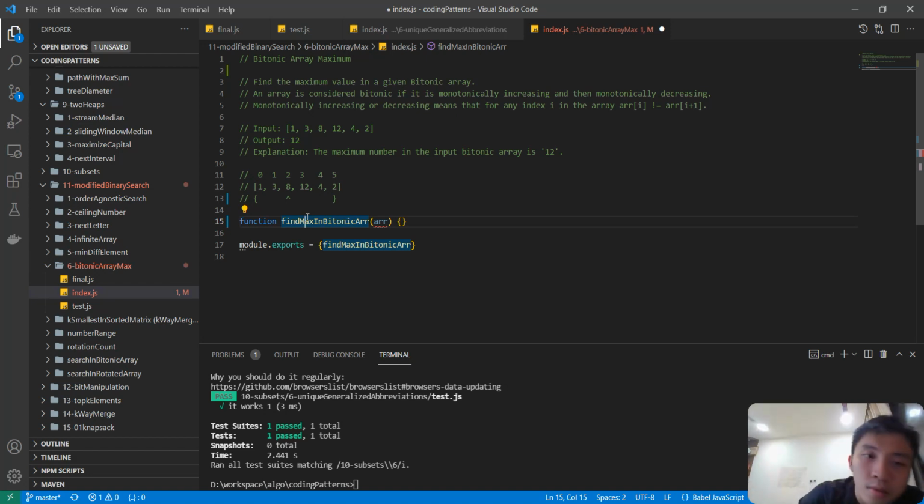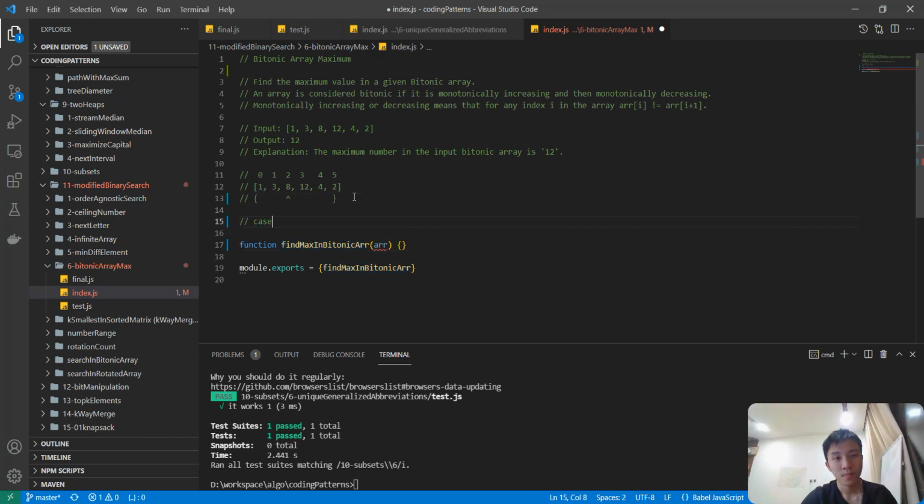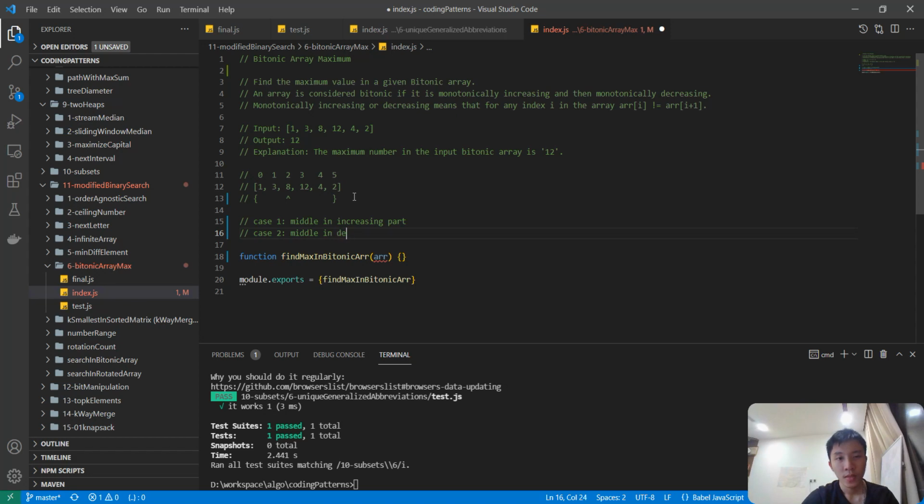So what if it is, let's say, let's write down case one, middle in increasing part. Case two, middle in decreasing part.